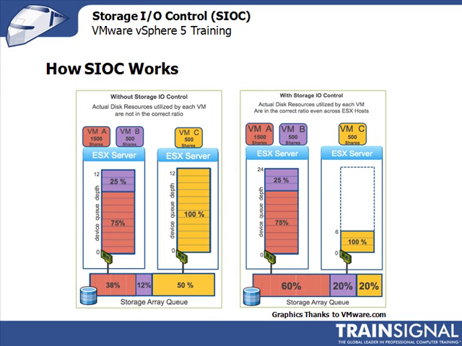Whereas before, virtual machine A was only getting 38% of the storage array queue, and virtual machine C was actually getting 50%, even though it only had 500 shares allocated compared to 1,500 shares for virtual machine A. So this is an example of before and after enabling Storage I/O Control. And it shows you how with the ESX servers communicating to one another, the shares that are allocated to the virtual machines, those virtual machines can get the priority that they deserve in the shared storage array queue.